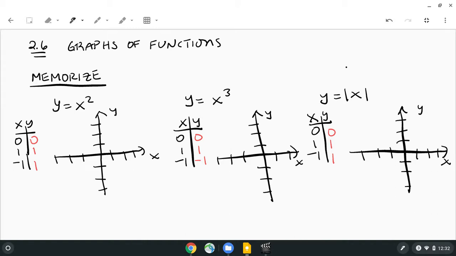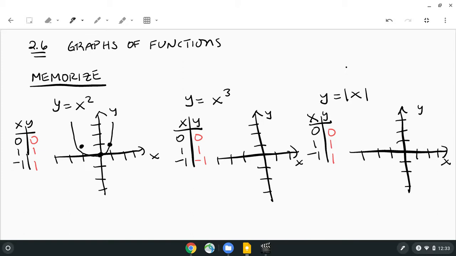Okay. All right, so I'm going to go ahead and plot the first graph, x squared. So we have a point at 0, 0, a point at 1, 1, and a point at -1, 1. So we have these 3 points, and the graph of x squared has this U shape.